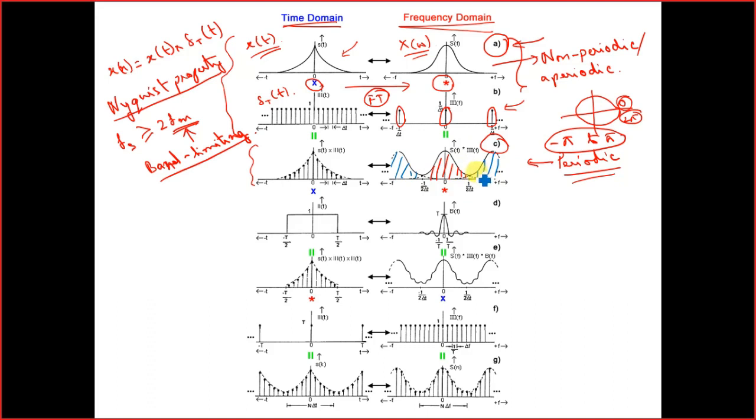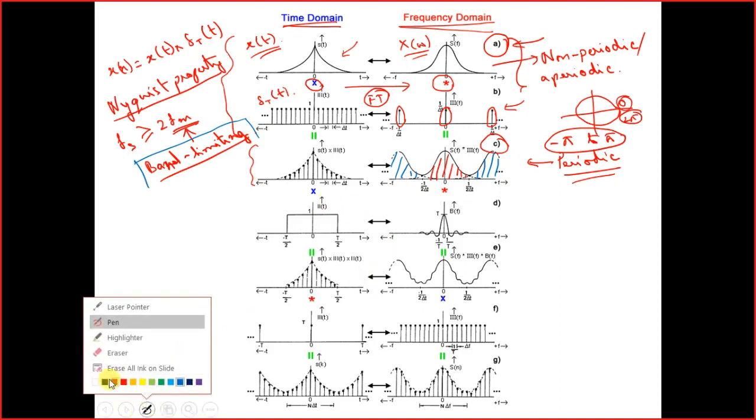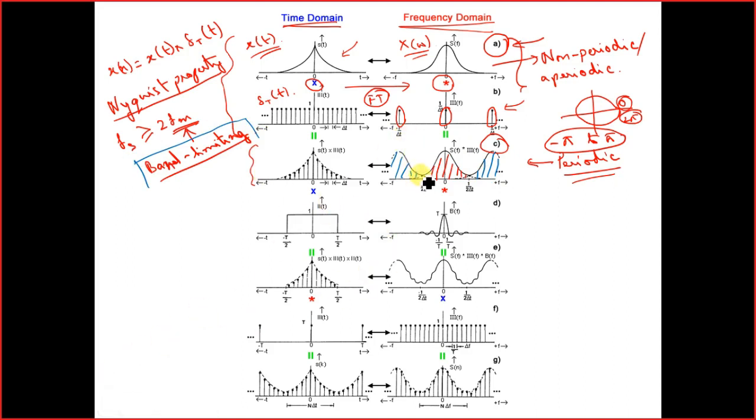If we do not band limit the signal, there might be a small area in between, which I am shading in black, wherein the frequency components between the two repeating peaks will mingle with each other.